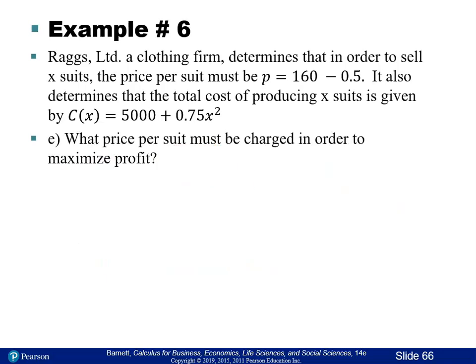And then finally, the price that needs to be charged in order to maximize the profit. We're going to go back to our price equation to do that. So 160 minus 0.5, remember that had an x beside of it, times 64 is going to be $128, and that would be per suit.